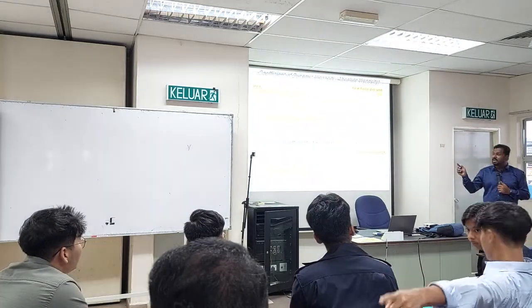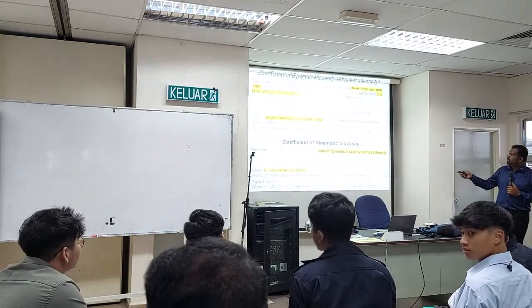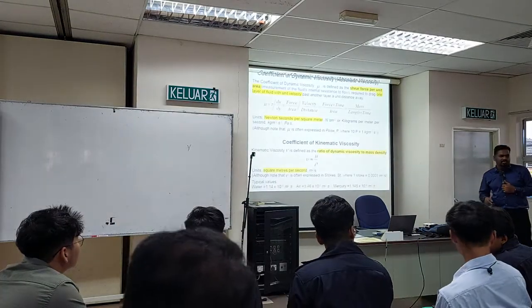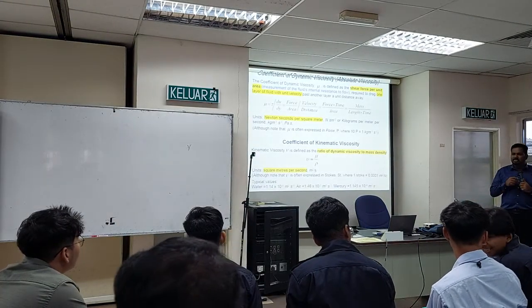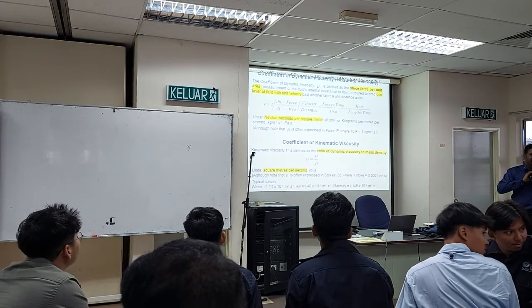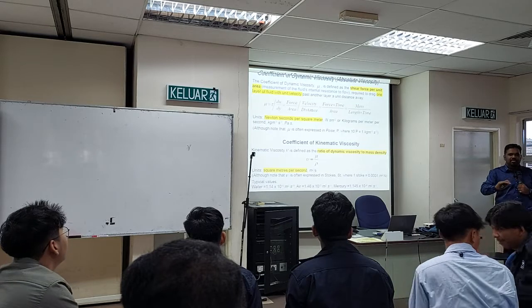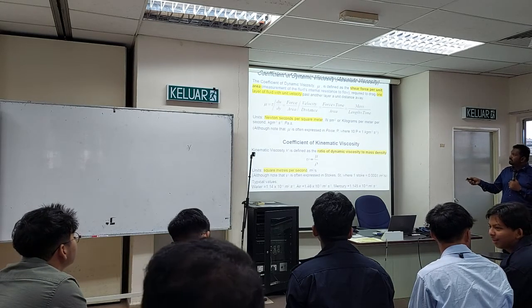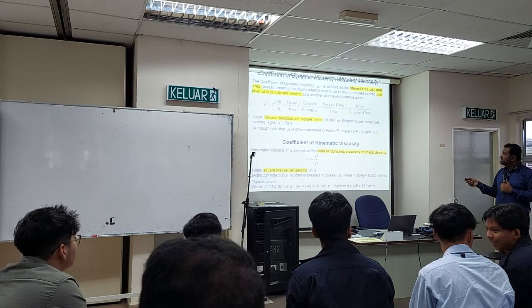You don't need to remember all this, but you need to know it's a measurement of the fluid's internal resistance to flow. If you want to push a particular fluid in one direction, how does it move? That is what is measured by the coefficient of dynamic viscosity.